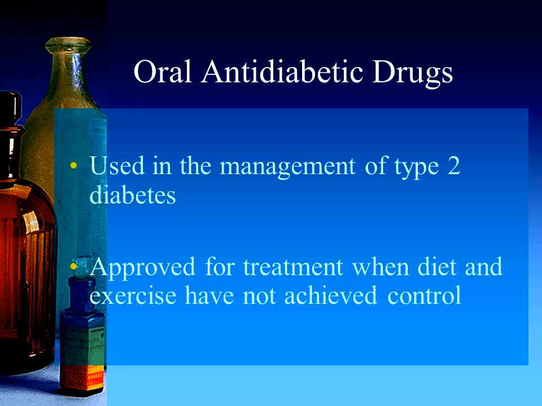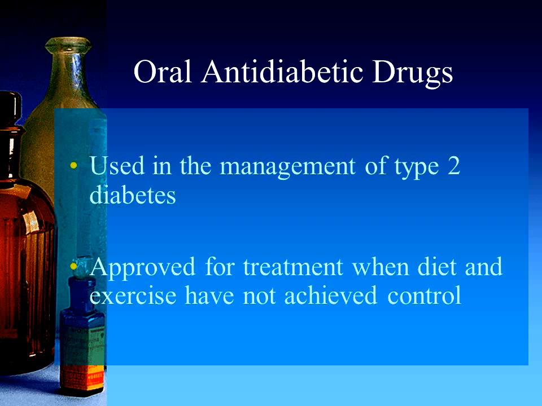We've spent a long time talking about insulin in the treatment of diabetes, but we also have medications that can be given orally to manage diabetes. These are typically used in the management of type 2 diabetes. Type 1 diabetics are going to require insulin. Their pancreas isn't producing it.